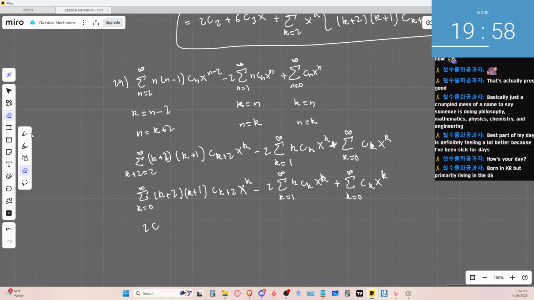This is going to be C2. C2. Oh, and then it'll be 0, so then it would just be 1. And then plus, and I think this one, it would be just C0 and then 1.